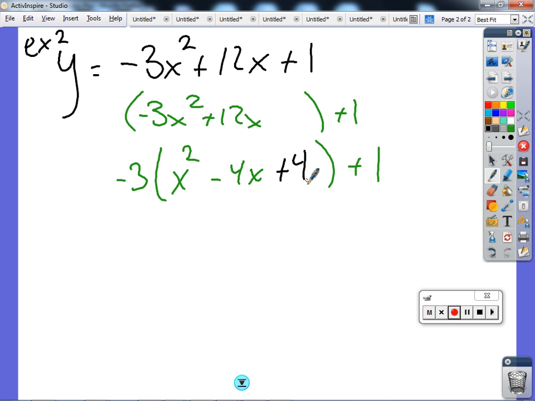Where'd you get a 2? Okay, I understand that. But remember, that was the last time, when it was doubled because there was a 2 out front. Do we have a 2 out front? What do we have? A negative 3. So when I distribute through, negative 3 times 4 gives us a what? Positive.